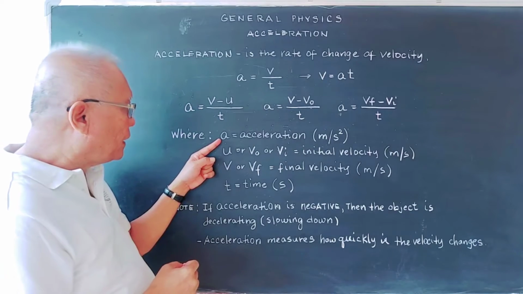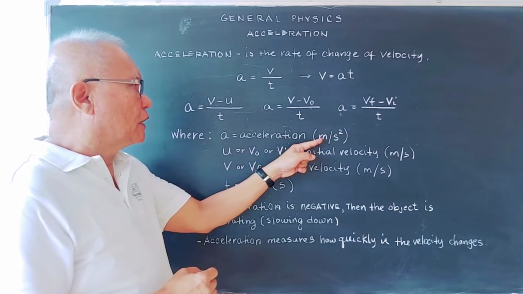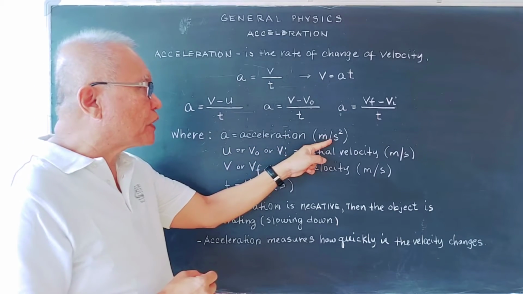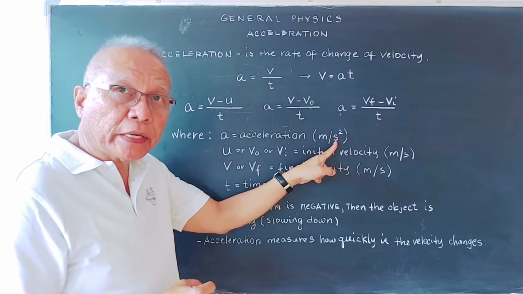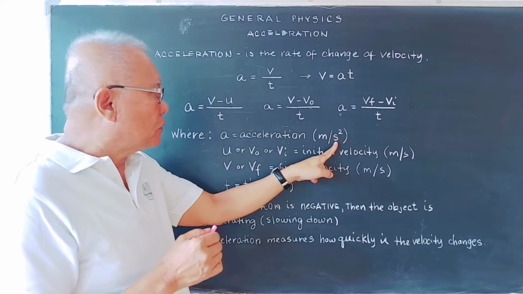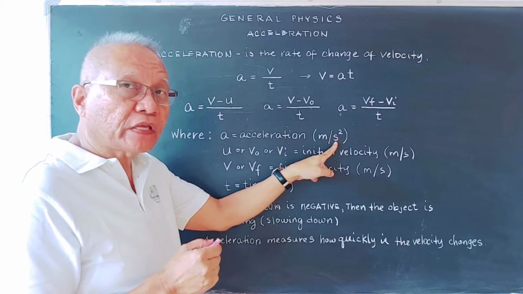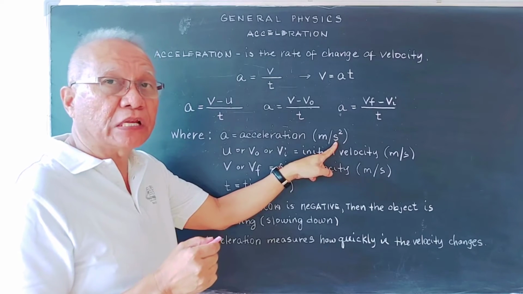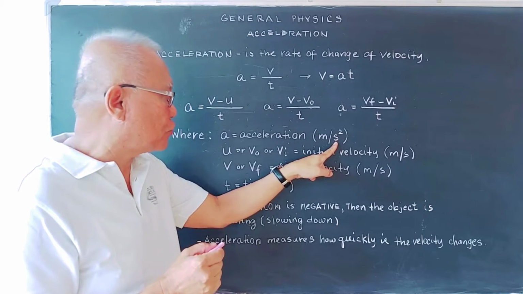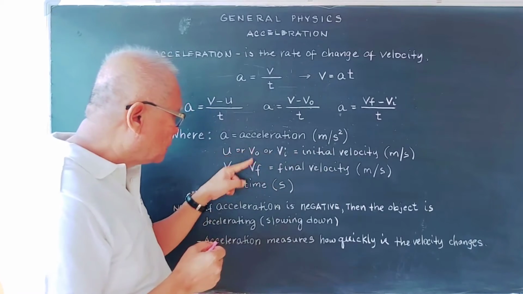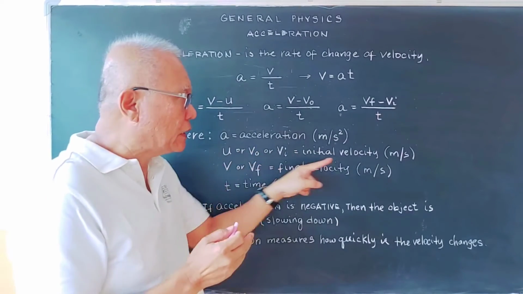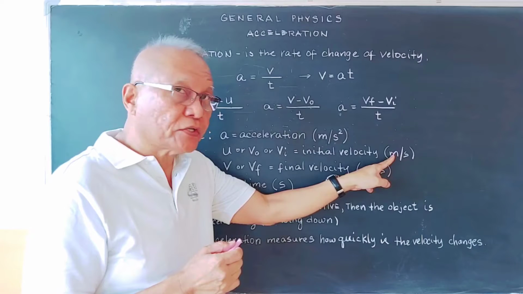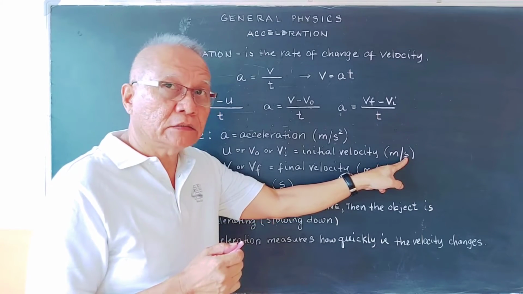So here we have meter per second squared. So you must know the difference between the units of velocity and acceleration. Velocity, these two, the initial and the final, the unit is meter per second.